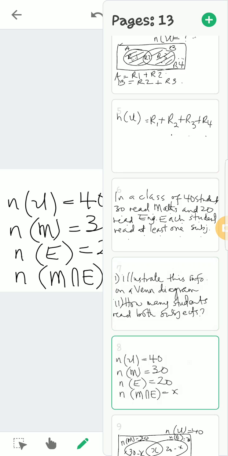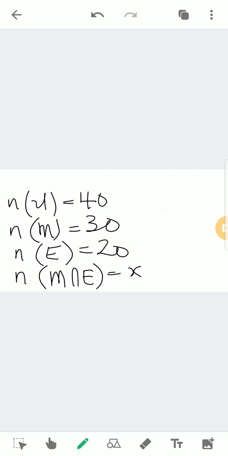All right, so before we draw the Venn diagram, we need a mathematical explanation of what we have already read. So n(U) means the universal set, M is mathematics, E is English, then M intersection E means the middle part, that is both.